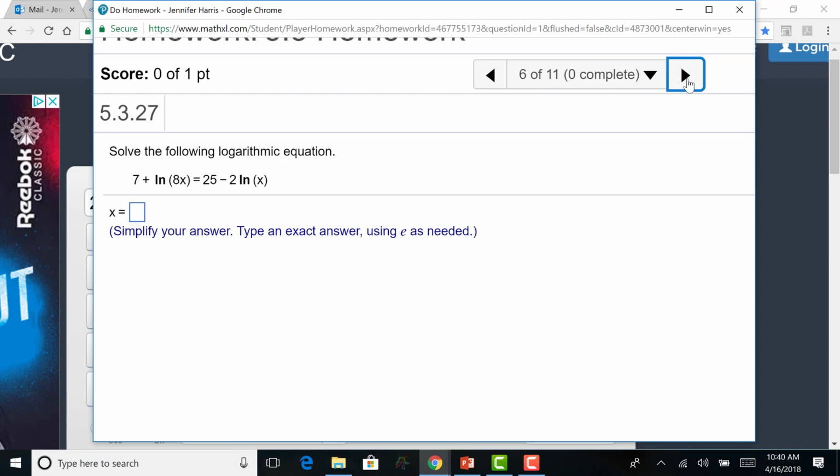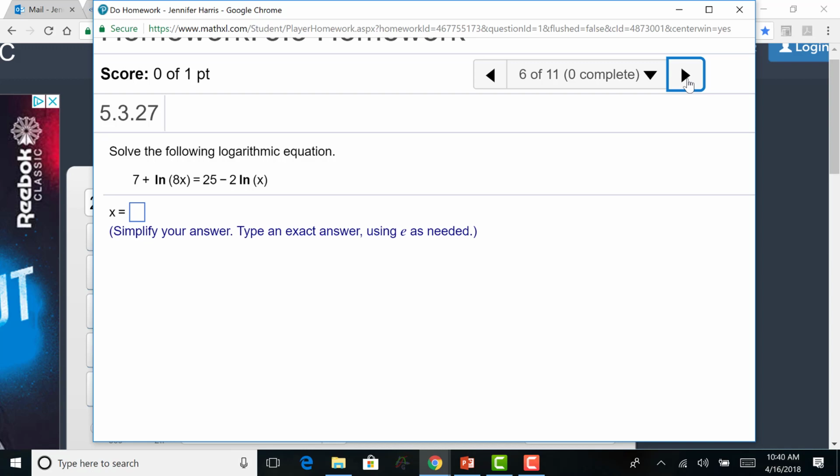So I'm going to minus 7 from both sides. That gets rid of that 7. So what do I have left over here? Natural log of 8x is equal to, what's 25 minus 7? 18 minus 2 ln of x.